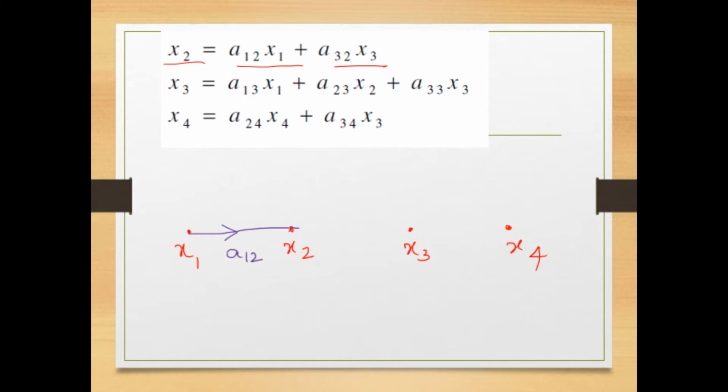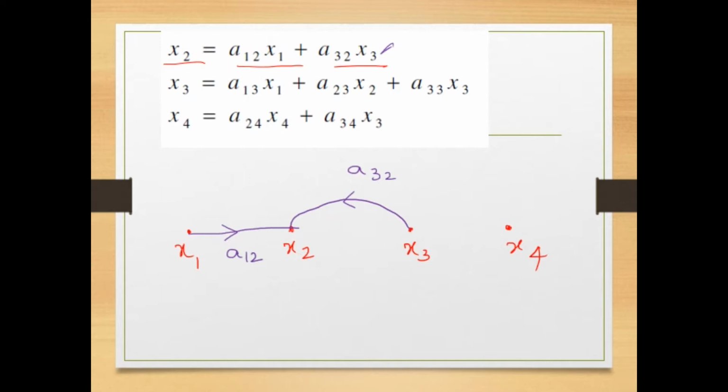We have the signal coming from x1, the branch gain is a12. One more is coming from x3, the branch gain is a32. This is the branch gain.